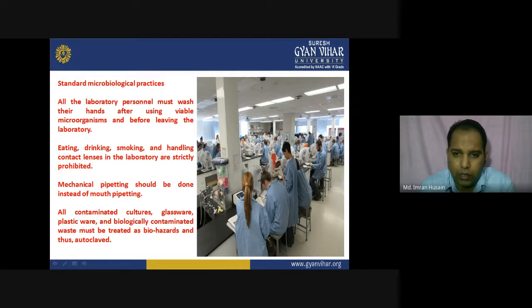This is a must and it should be followed every time, and before leaving the laboratory. Eating, drinking, smoking, handling contact lenses in the laboratory is strictly prohibited. Mechanical pipetting should be done instead of mouth pipetting.